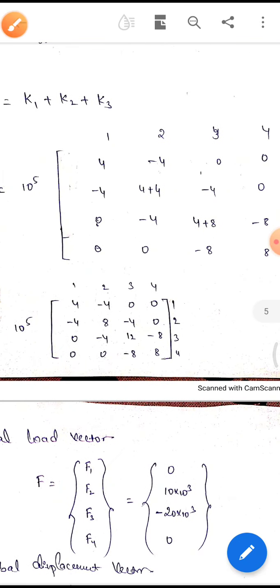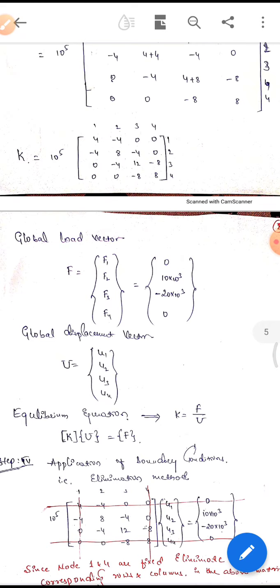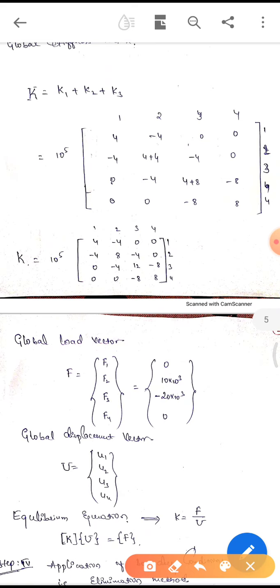Once we form the global stiffness matrix, next we need to go for the global load vector, that is nothing but the load which is acting at each node. Here our problem is given like this: we have a stepped bar having 3 elements, right?